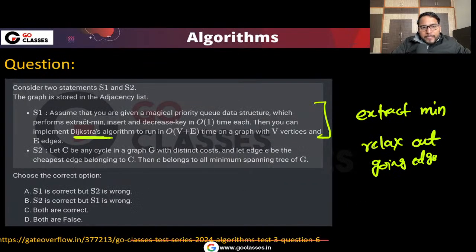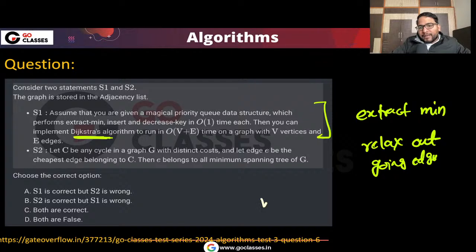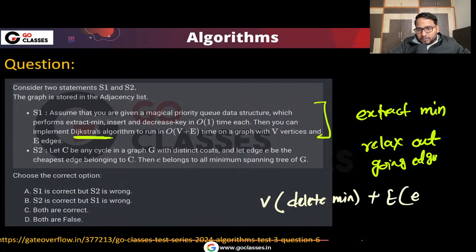So what they're saying is to assume that you are given a magical priority queue or heap data structure which performs extract min, insert and decrease key in order of one only. You need to do V times delete min in Dijkstra, and E times decrease key.